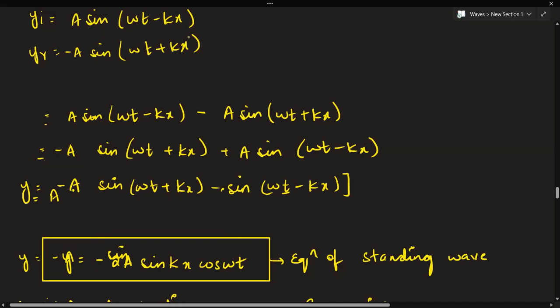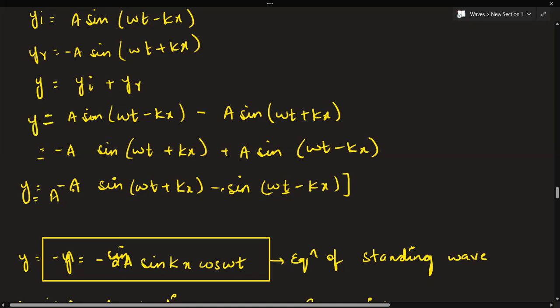A sine omega t minus kx. And for the reflected wave, it will be the same with the negative sign and the different direction for it. Now when we are applying the superposition principle, superposition will be the sum of the displacement for the incident wave and the displacement for the reflected wave as well.